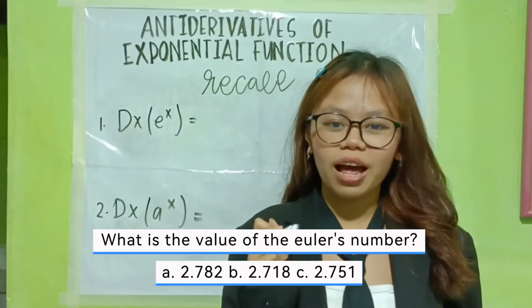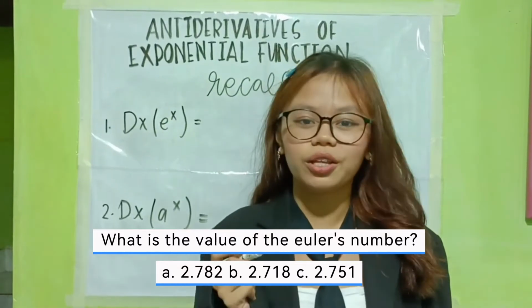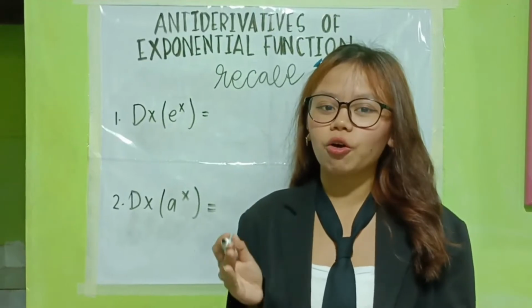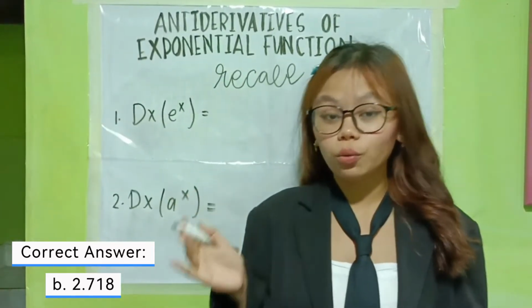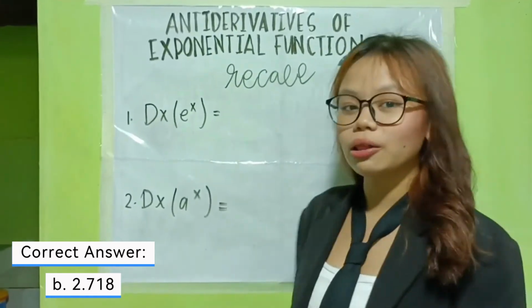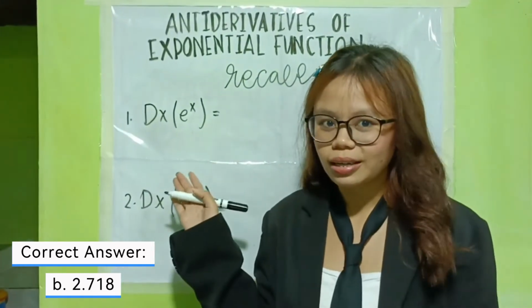The choices will be flashed on the screen and you can pause the video if you want to answer. So yes, the value of the Euler's number is 2.718. Back to the exponential function.